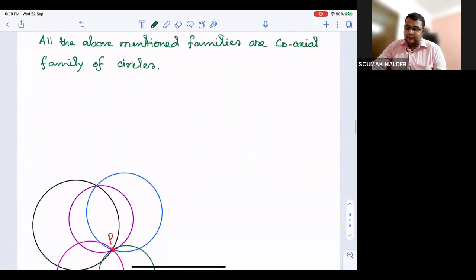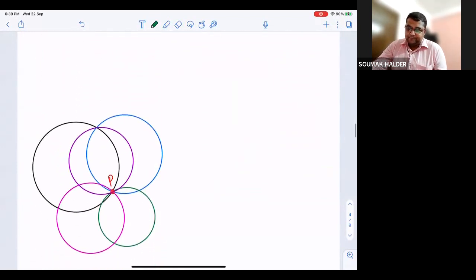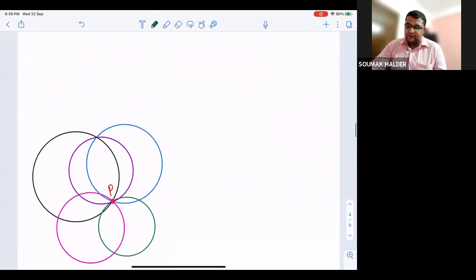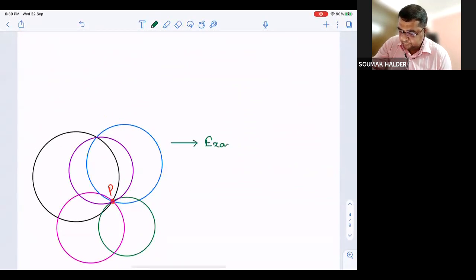Or even you can think of such a diagram. Okay, this can be an example of a non-coaxial family of circles.